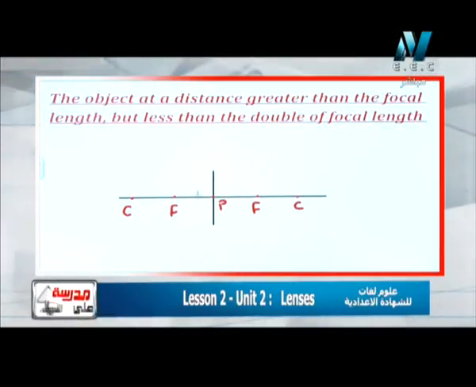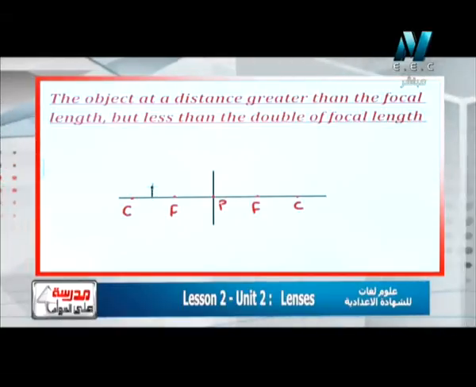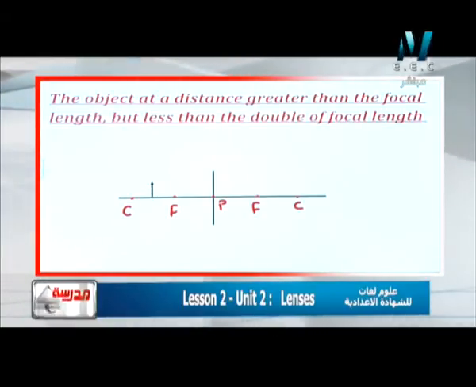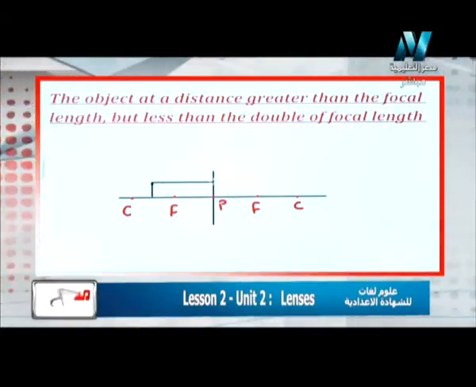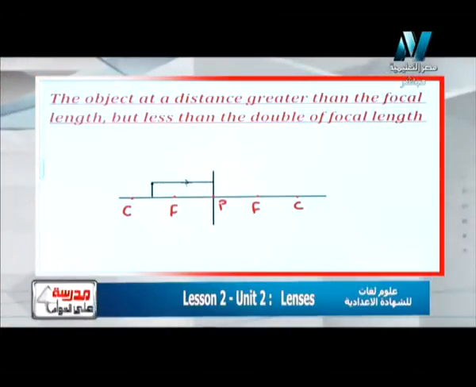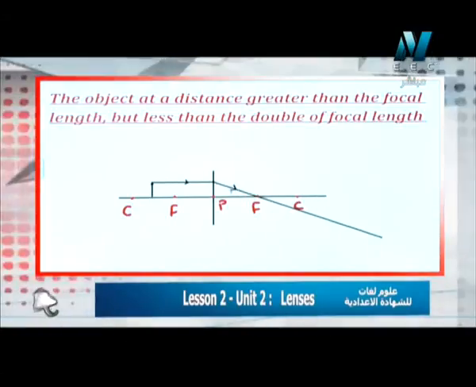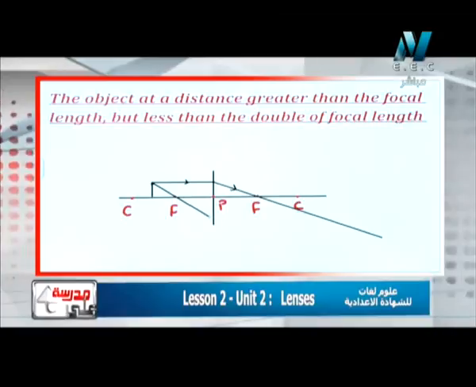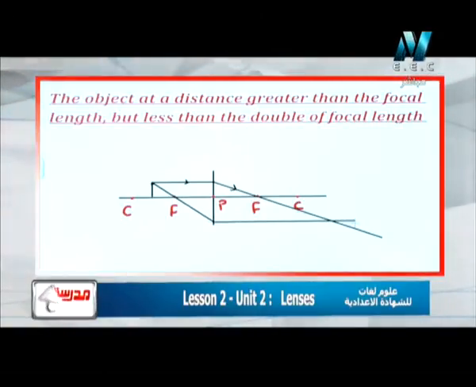So if the object is at a distance greater than focal length but less than double focal length, as at this point, number one, the light ray parallel to the principal axis will refract through focus on this side. And if the light ray passes through focus on this side, it will refract parallel to the principal axis on this side.